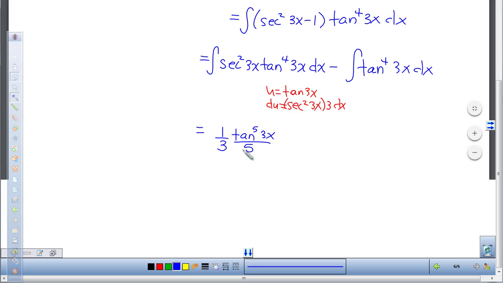And then we're left with this thing, which pretty much puts us back where we started, right? We've got tangent raised to an even power. So what did we do before? We're going to break it up. So the integral of tangent squared 3x times tangent squared 3x dx. We're going to change one of those tangents into what? Secant squared 3x.